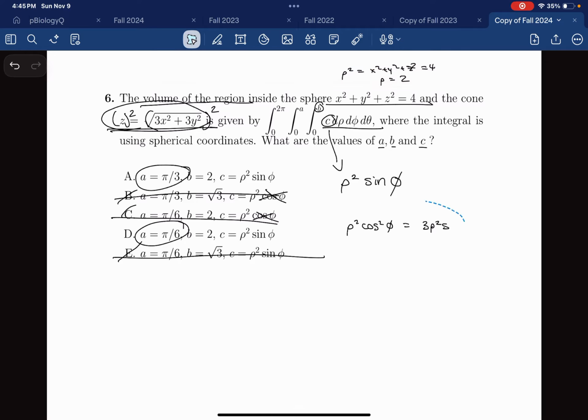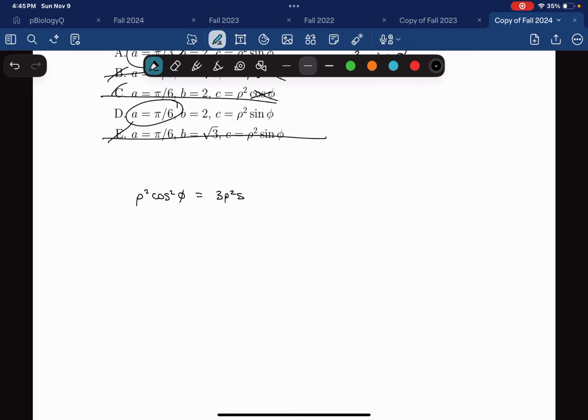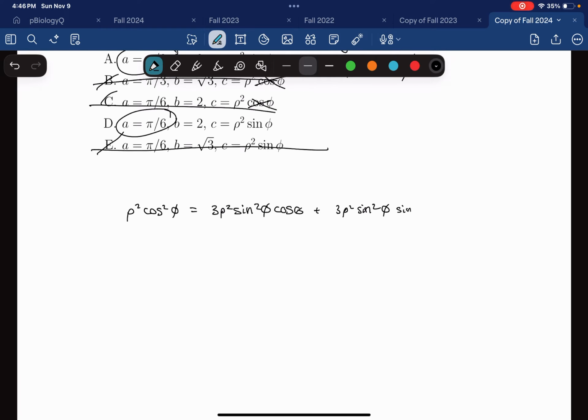I'm going to move this over here. So you get 3 rho squared sine squared of phi cosine squared of theta plus 3 rho squared sine squared of phi sine squared of theta. I forgot to put the square there somehow.